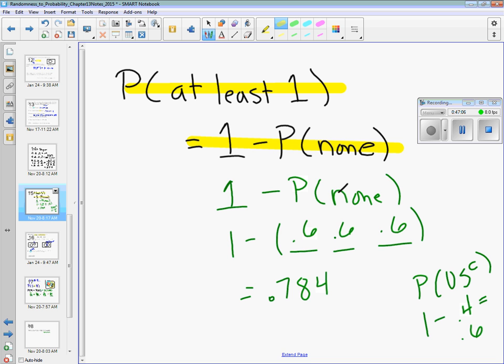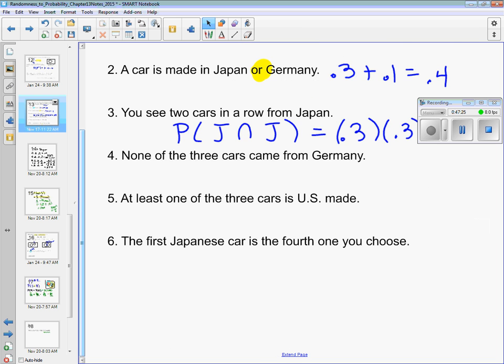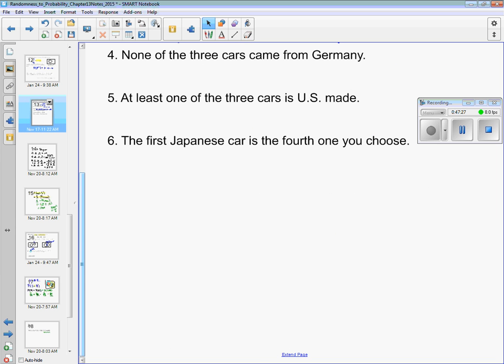All right, last question, question 6. And then I'm going to have you guys partner up. So question 6 says, the first Japanese car is the 4th one that you choose. So we can still use the notion of a slot diagram here. It's the 4th one. And our first success, we call this, is what's called a geometric probability.